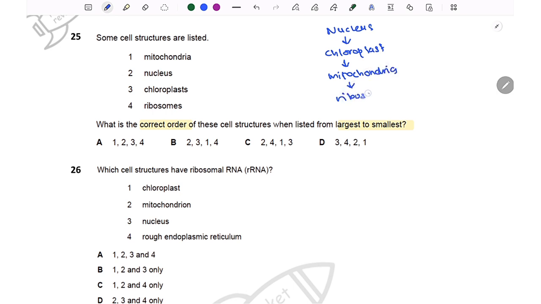So let's use that here. Nucleus is going to be the first one, then you have chloroplast, mitochondria, and then ribosomes. So it's 2, 3, 1, 4. 2, 3, 1, 4, that is B.